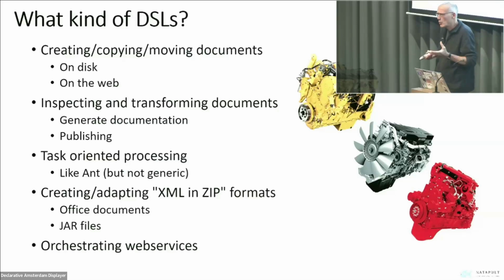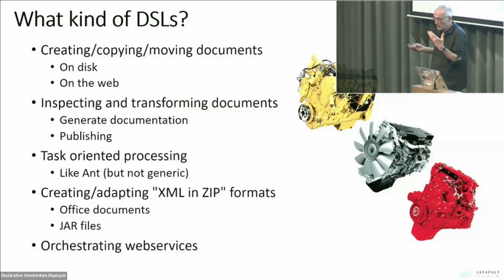A little bit more task-oriented processing, like what Ant is doing, but not as generic as Ant is doing it. Handling XML in zip formats like Office documents, which is also a very good example of what XProc can do for you. Office documents are XML in zip, jar files are zip files with some XML in it.